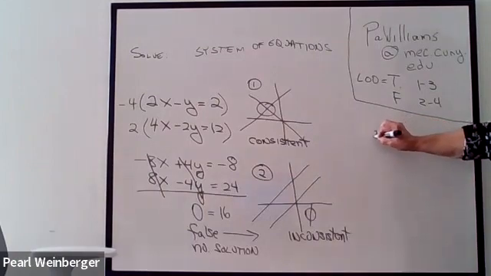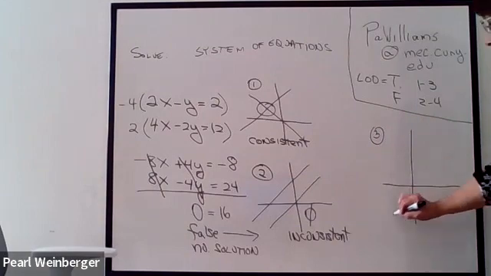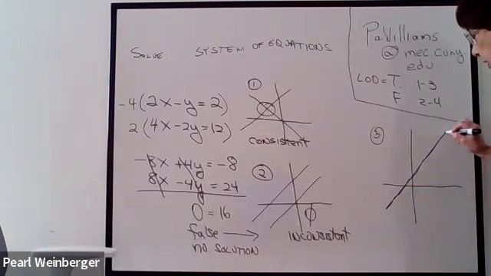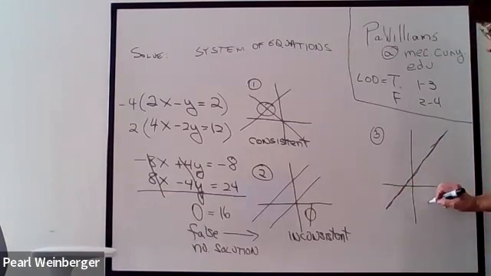This is possibility number 3: when the two lines are drawn, if you draw the first line, the second line turns out to be right on top of it. They're not two separate lines. It really is just one line. The two lines are the same line. This is what's called a dependent system of equations.